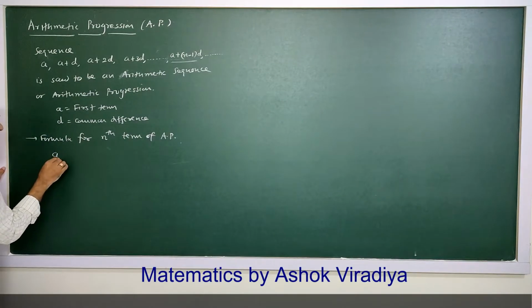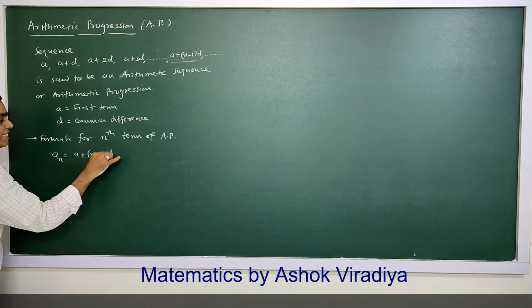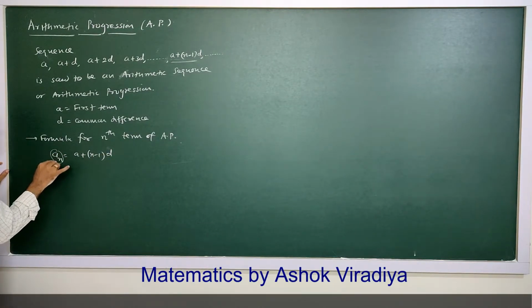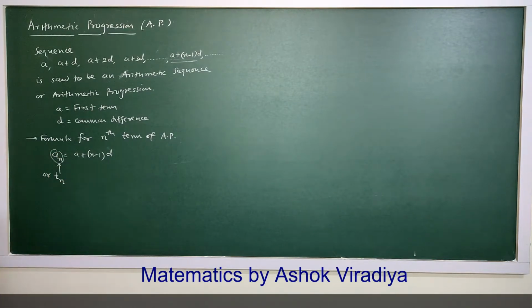It is an equal to a plus n minus 1 into d. This can also be expressed as Tn. an or Tn is a plus n minus 1 into d.